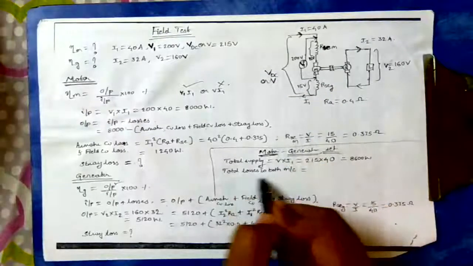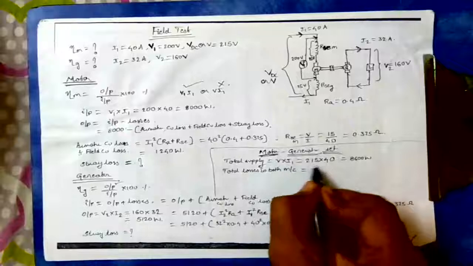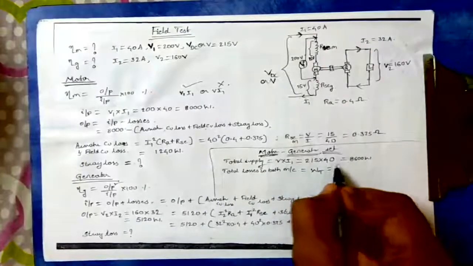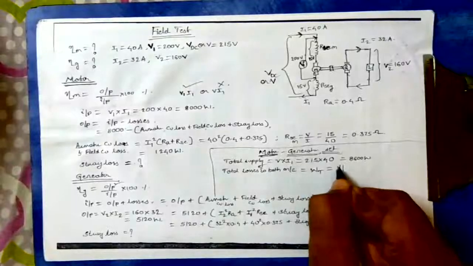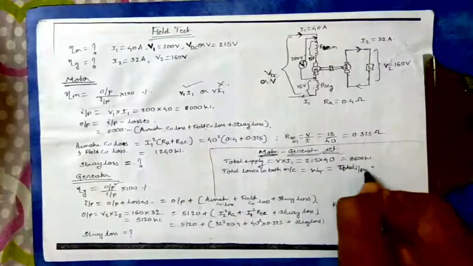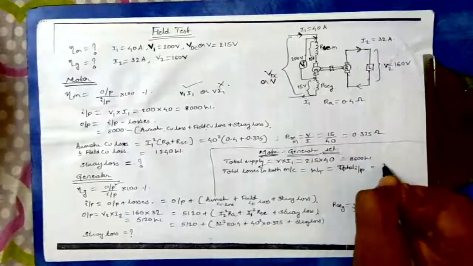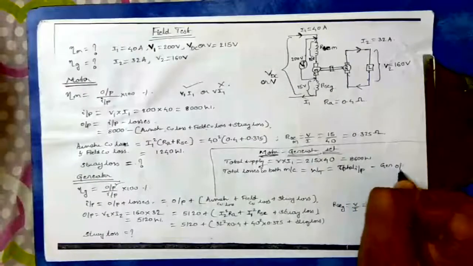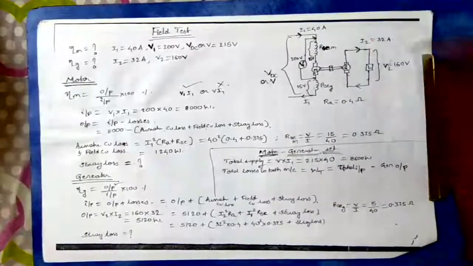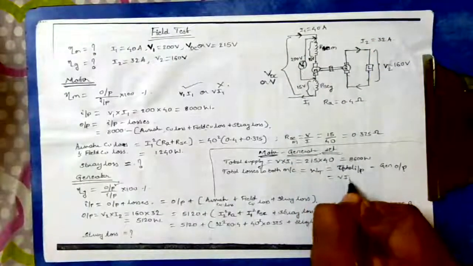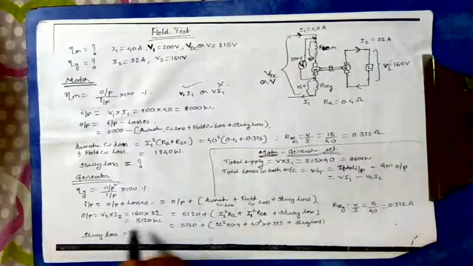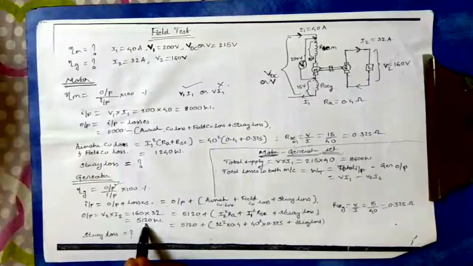So total losses in both machines, written as WT, is input minus output. That is, total input minus generator output. So it will be V into I1 minus the generator output, V2 into I2, which we already calculated: 5120.